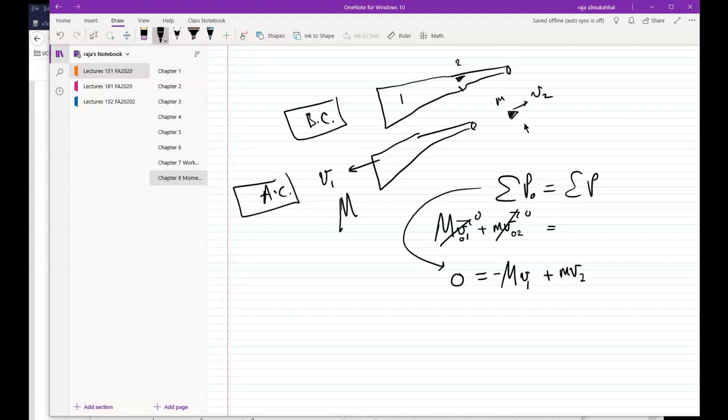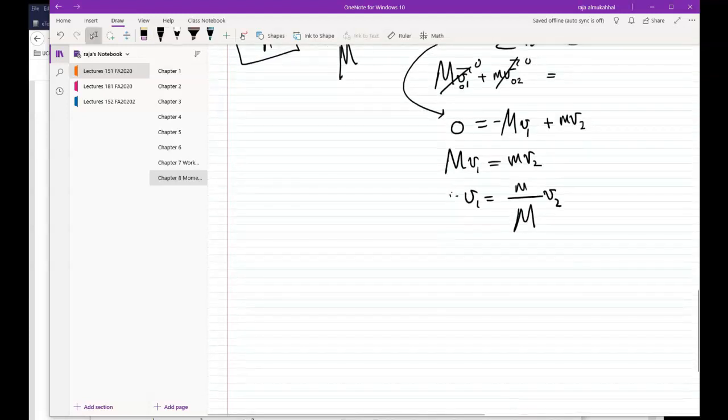And then all I need to do is move the momentum of the rifle to the other side. So I have big M V1 equals small m V2. Therefore, V1, the recoil velocity of the rifle, is small m over big M times V2. That's it. I'm done with it.